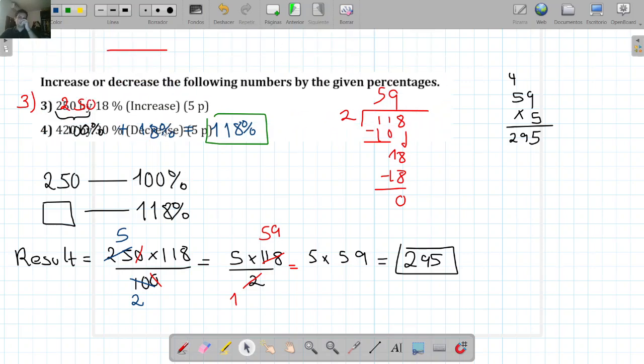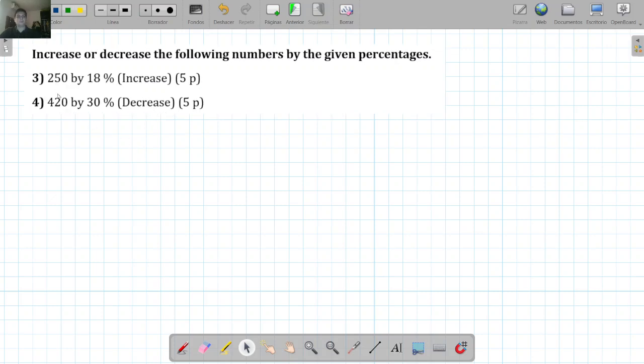Now let's try to work with number 4. 420, I need to decrease it. Now in this situation it's a little bit tricky because when you have to increase, you add. But when we have to decrease, it's completely the opposite thing.